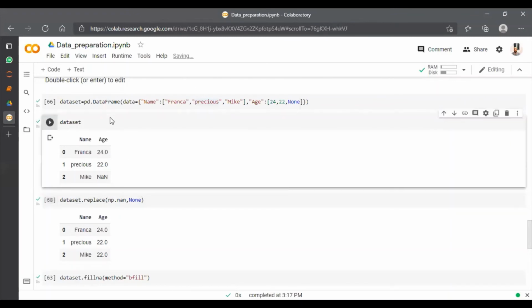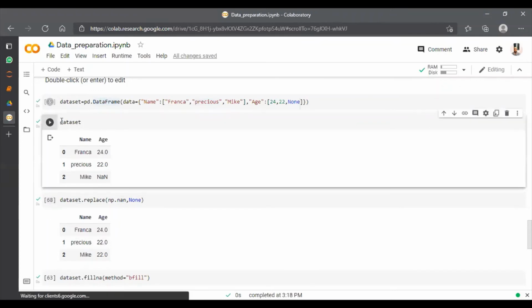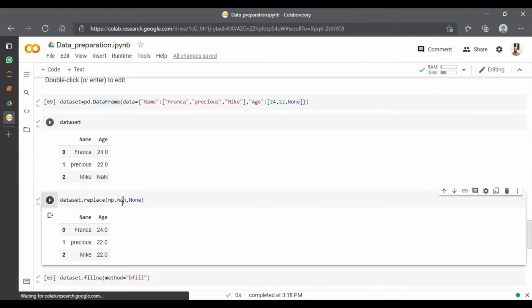This thing is really disturbing me. I wonder why I am getting 22. I should get none instead. This is a none value.